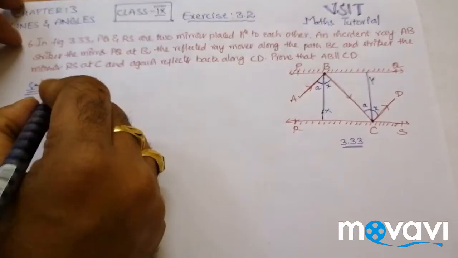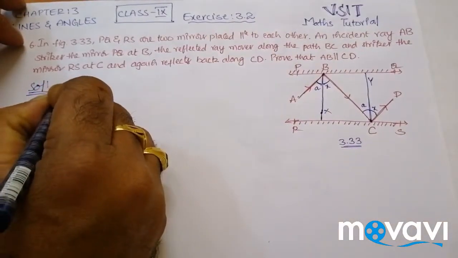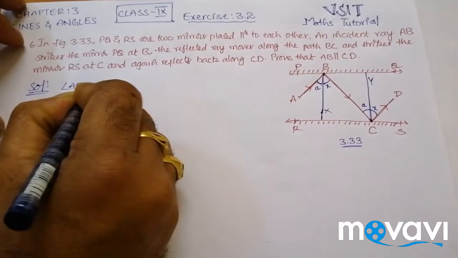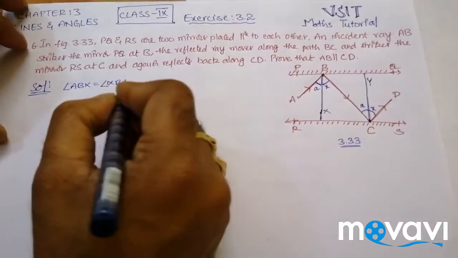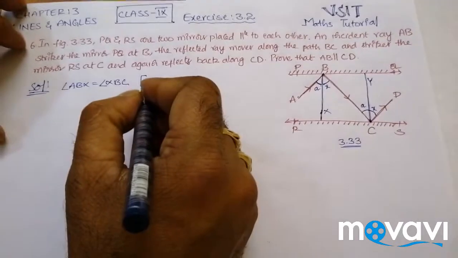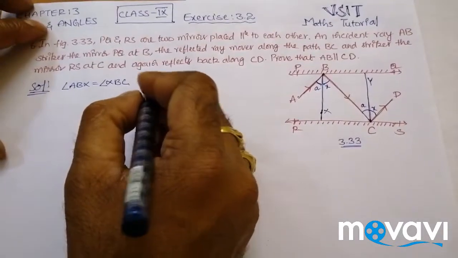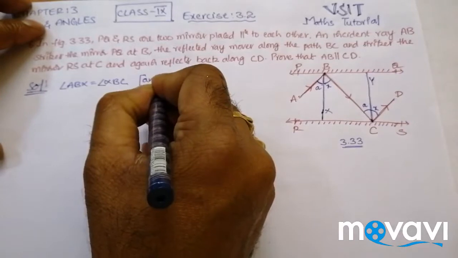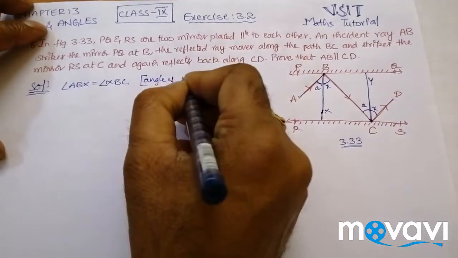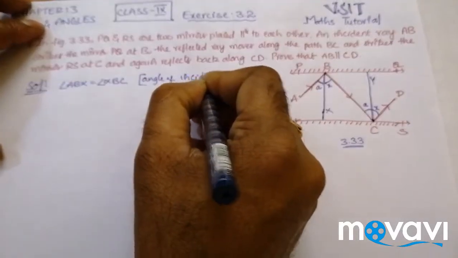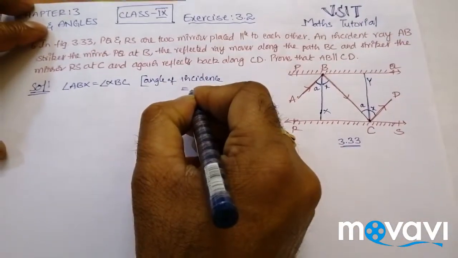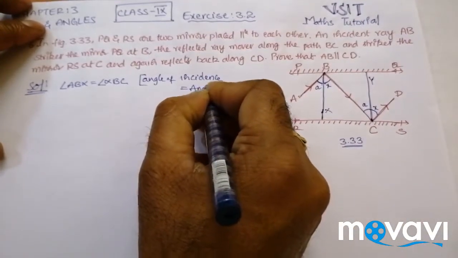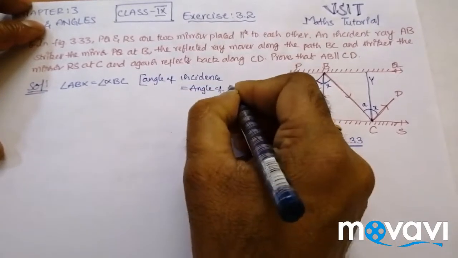So I can write angle ABX is equal to angle XBC. The reason is: angle of incidence is equal to angle of reflection.